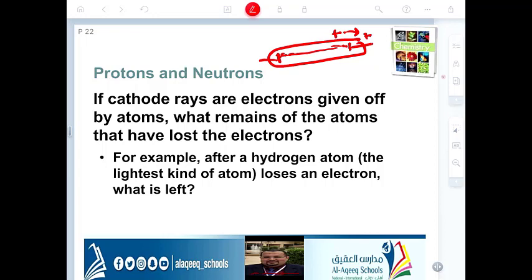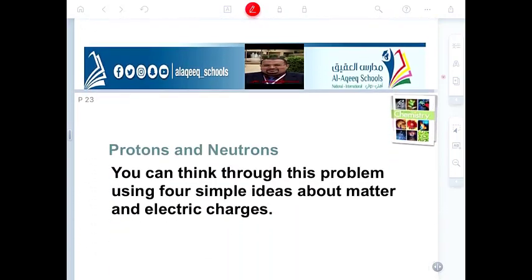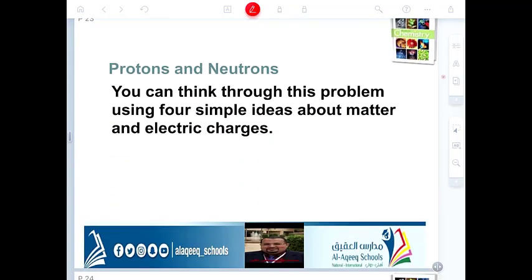The cathode rays are electrons, yes, we said that, and the gas gives off atoms that have lost electrons, like hydrogen losing its electron, and the other part can emit protons. They thought about that.